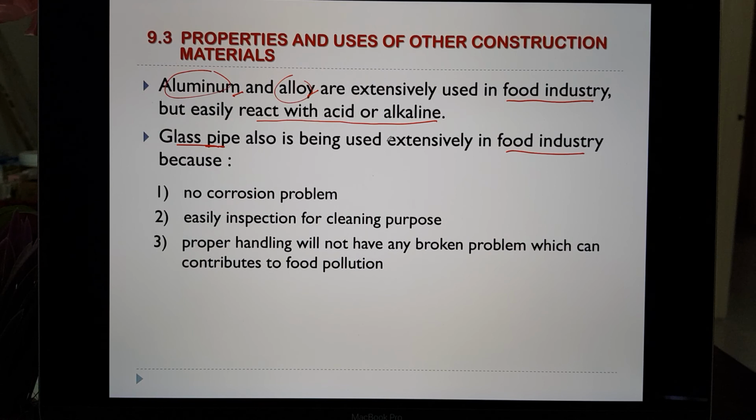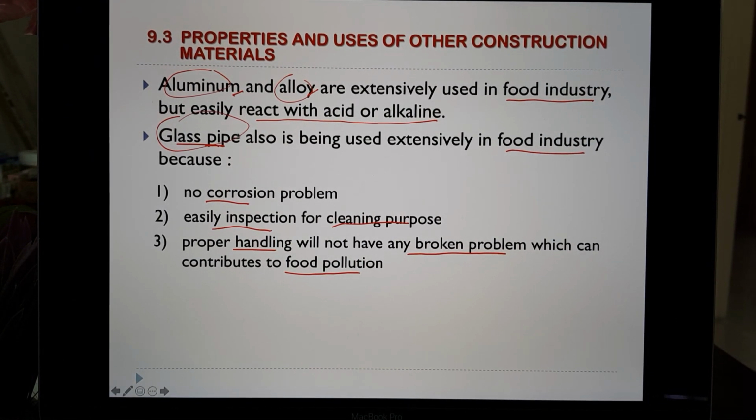Basically, they use glass pipe because they want to see what is happening during the transportation of milk in the piping system. This glass pipe has its advantages: there is no corrosion problem, it can be easily inspected for cleaning purposes, and with proper handling it will not break, which could contribute to food pollution.